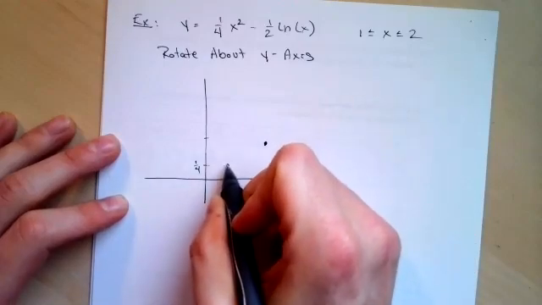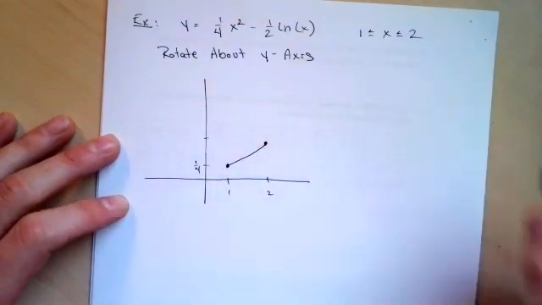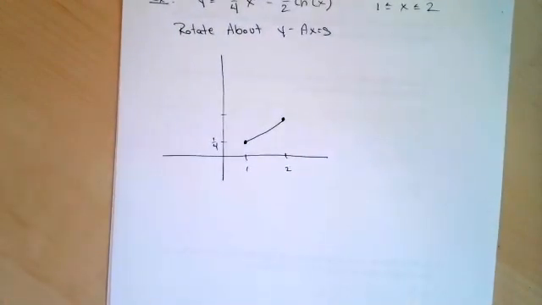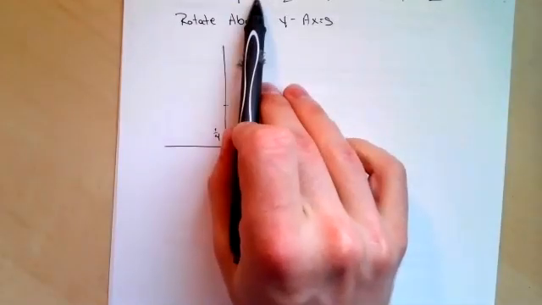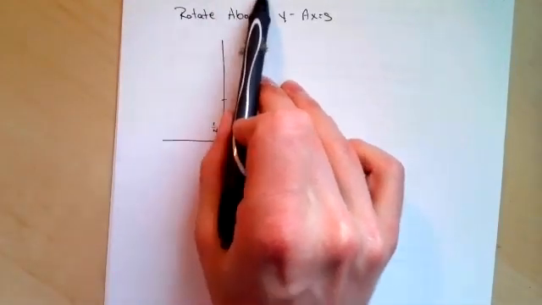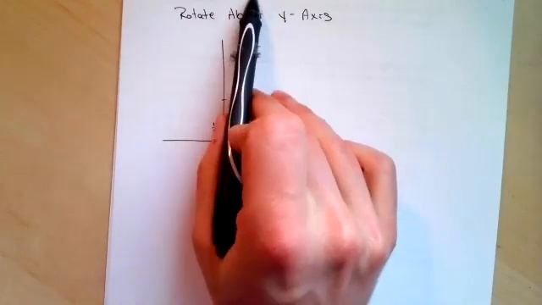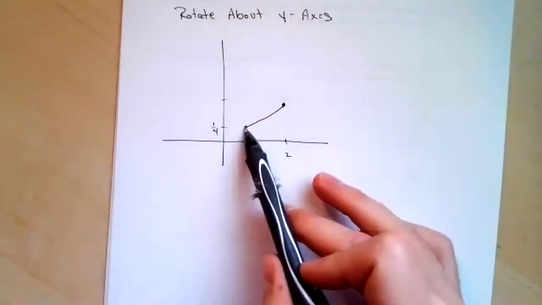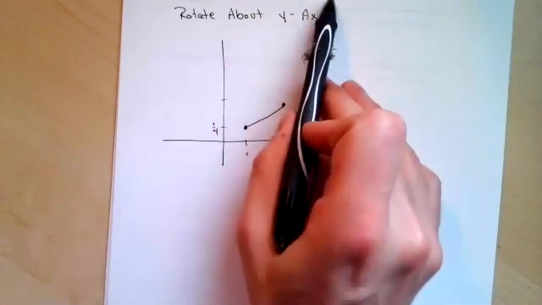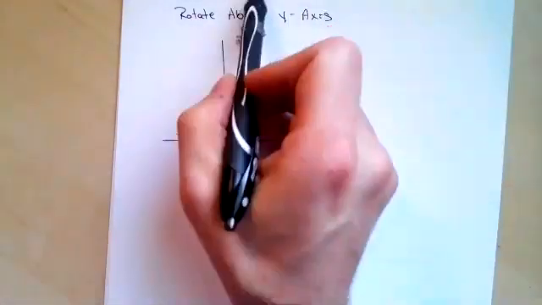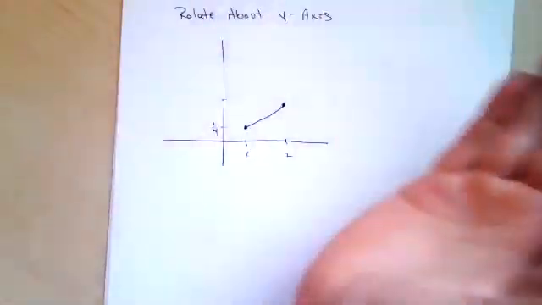So we're just going to draw a generic picture of a curve. It's going to be increasing, should be concave up. If we are thinking in terms of order of growth, x squared is going to dominate. Natural log doesn't grow very fast. So when we're subtracting off a natural log, it'll look quadratic, but opened more.